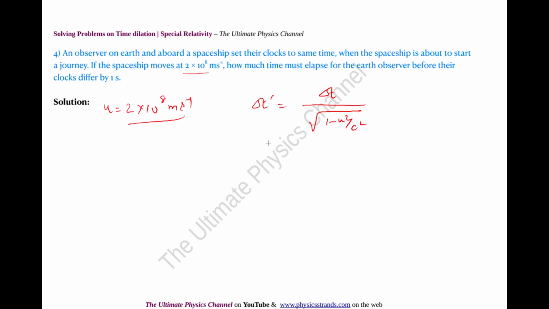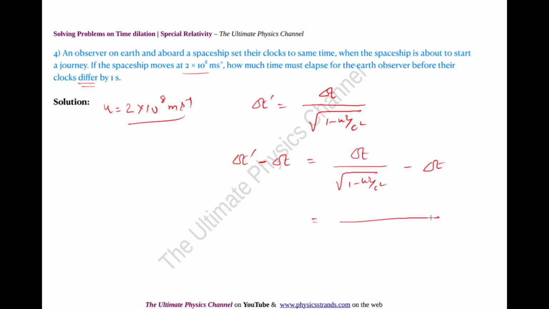For us, we need a difference, right? The difference must be 1 second. So we can say that del t prime minus del t on the left side, we're just adding a term minus del t here, is del t over the square root of 1 minus u squared over c squared minus del t again on the right as well.